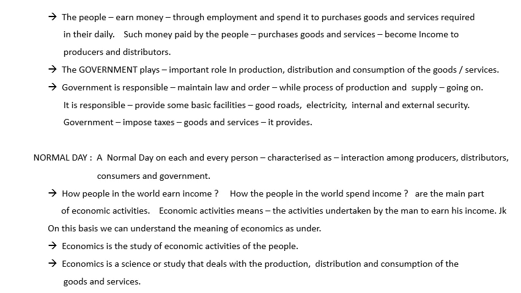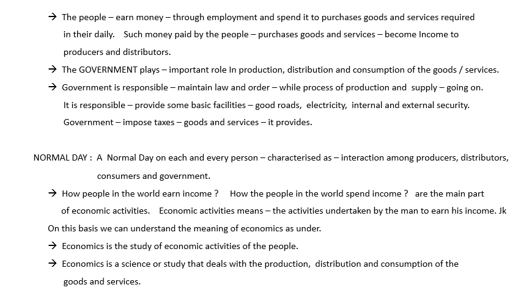Government is responsible to provide some basic facilities necessary in the production, distribution and consumption of goods and services. Such common facilities are good roads to transport the goods from one place to another, electricity supply to run the machines while the production process is going on, and internal and external security for the producers, distributors and consumers.